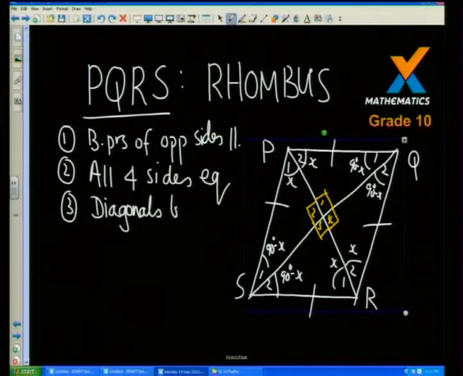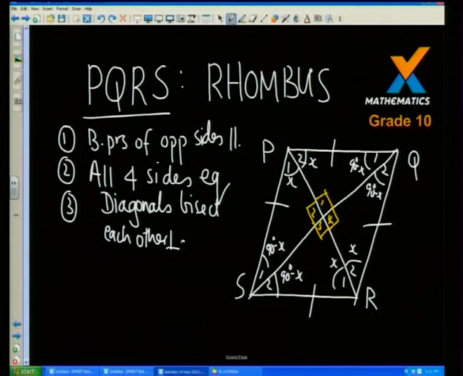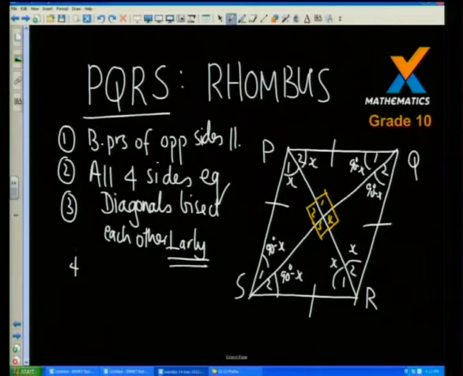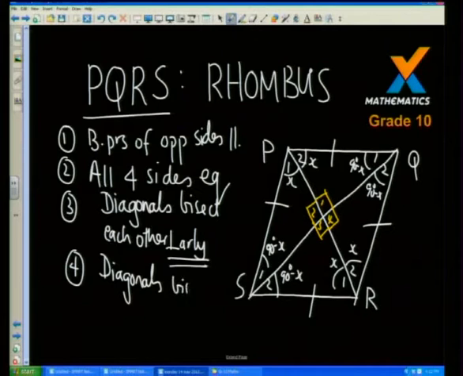They bisect each other perpendicularly. Okay? And fourthly, the diagonals bisect what we call the vertex angles.